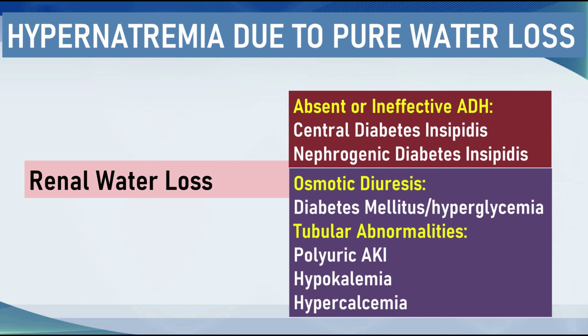Emily, with a sodium of 159, is dehydrated, so she needs to be rehydrated, and we need to figure out the body water deficit. Her body weight is 70 kilograms, and there is a formula for calculating this out, and that is the percentage body water times the weight in kilos multiplied by the current sodium minus 140, that's the normal sodium, divided by that 140 again.